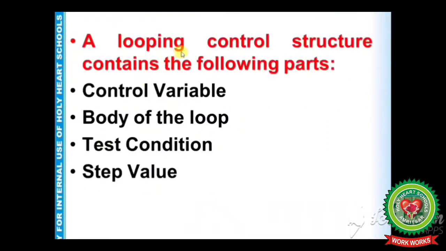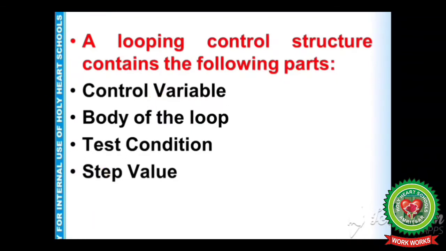A looping control structure contains the following parts: control variable, body of the loop, test condition, and step value. According to these steps, we will continue the programming. Now, what is a control variable? It is a variable which contains an initial value to determine the duration of the repetition, meaning how many times we have to repeat that particular statement.